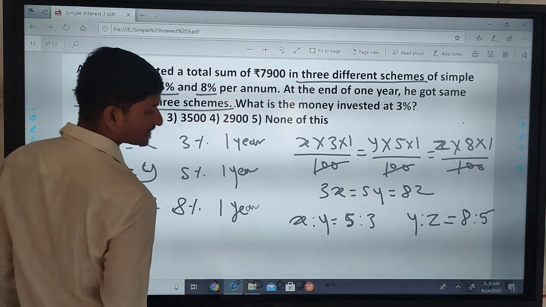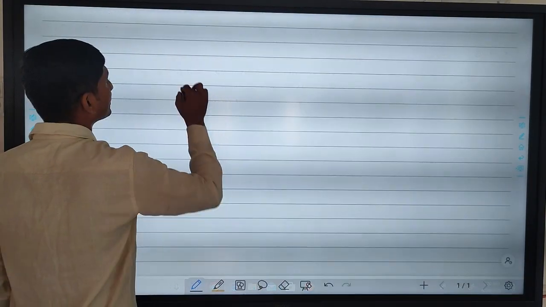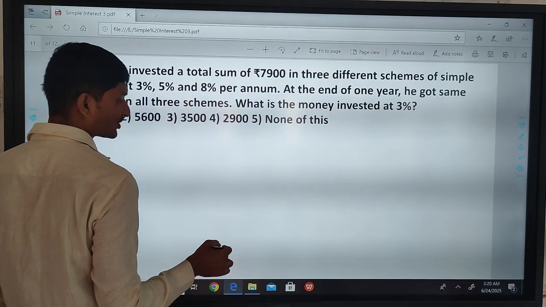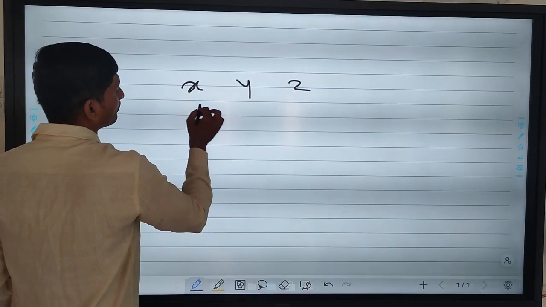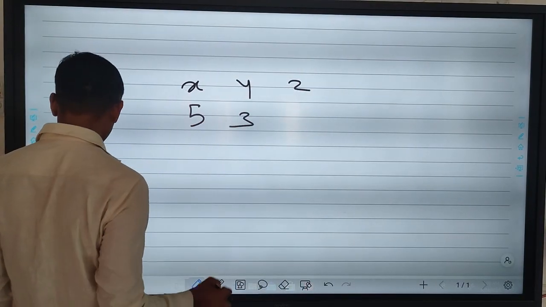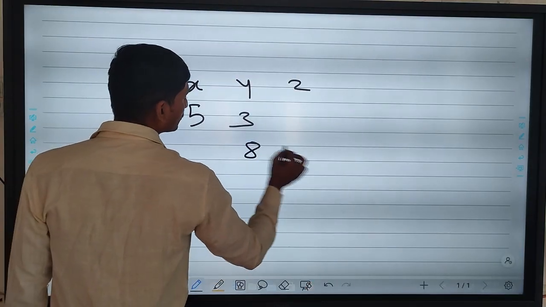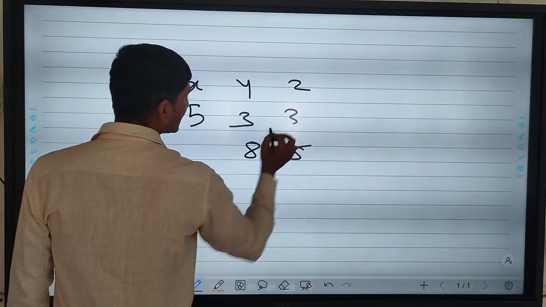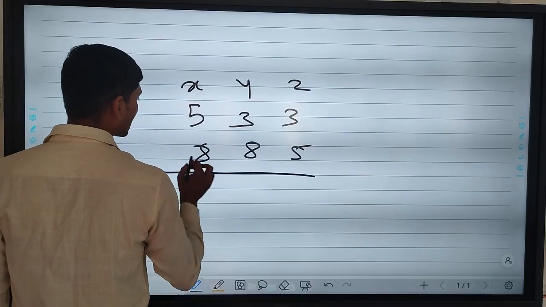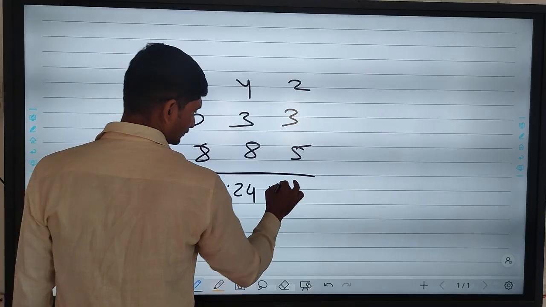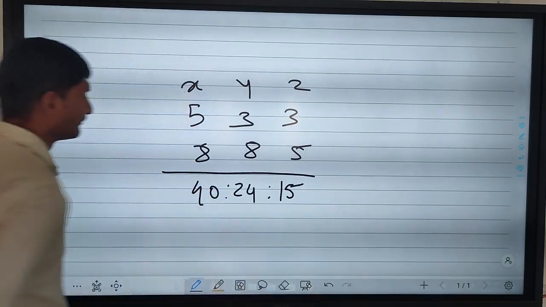Then here x as to y is 5 as to 3. Y as to z is equal to 8 as to 5. Then 3 here, 8 here. Now here write 15.